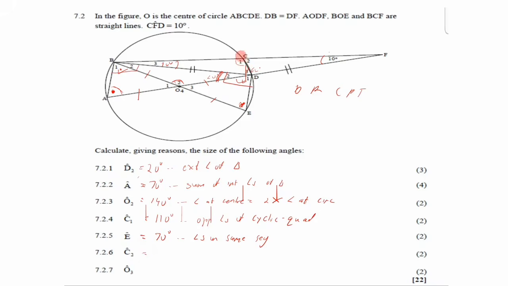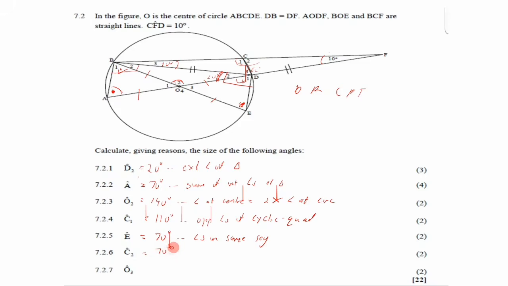Then what about C2? With C2 we can see that already here we have C1, which is 110 degrees. Then C1 and C2 are angles on a straight line, so they must form 180 degrees, meaning C2 is equal to 70 degrees.